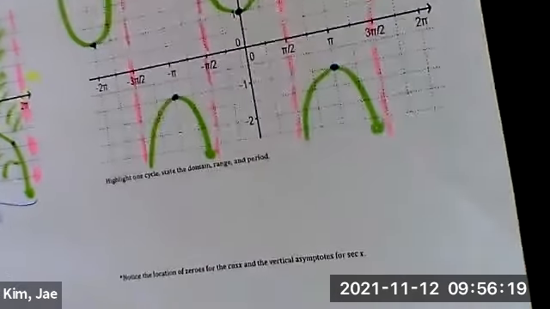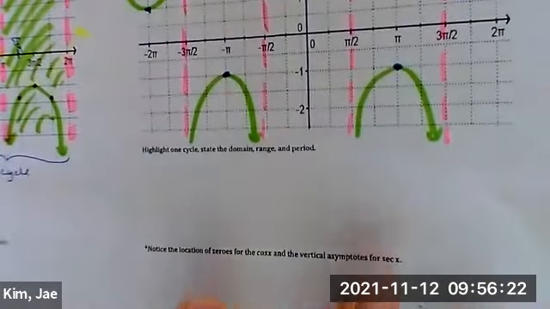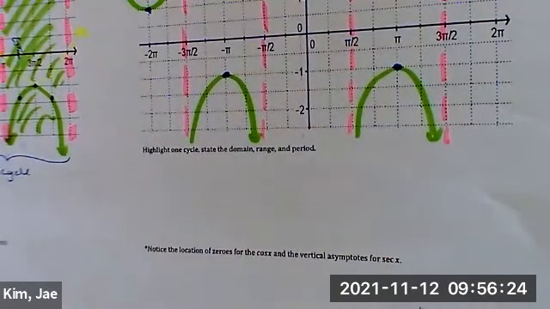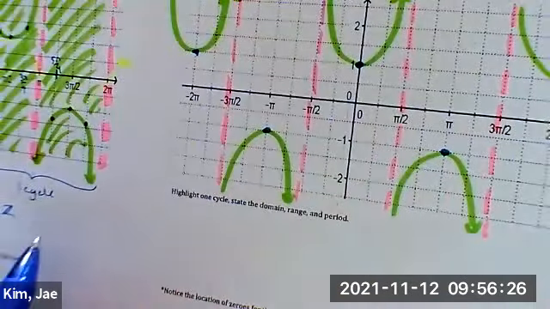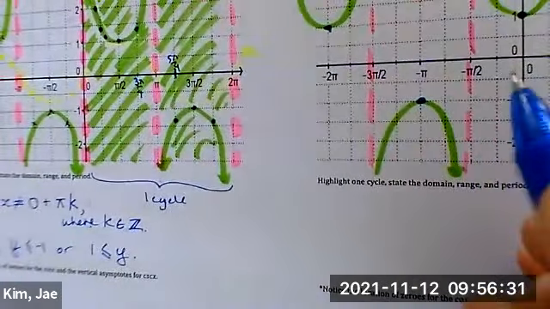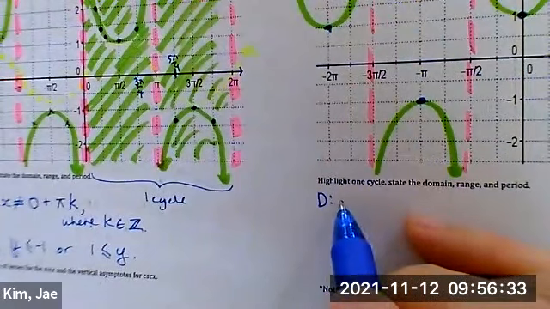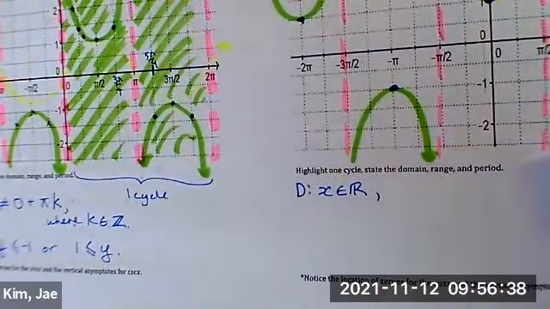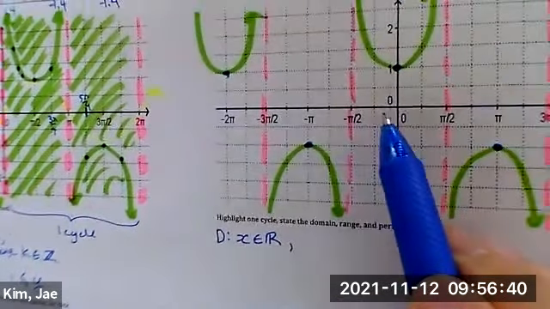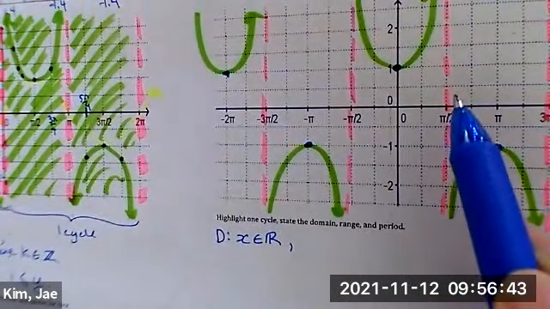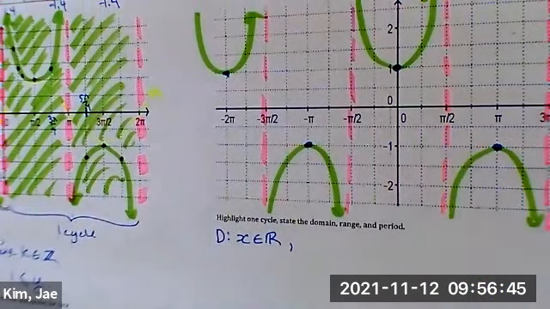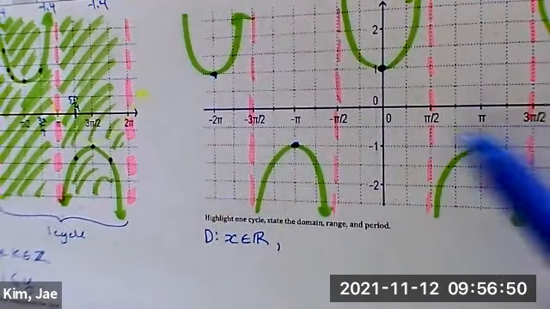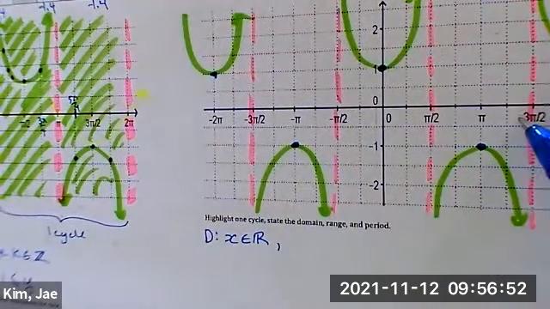Okay. Same thing with domain, range, and period, same idea. It's basically the same thing, but let's go through it because your domain can use some extra practice. X can be anything for the domain, but we have asymptotes. Where? Pi over 2 and additional multiples of pi.